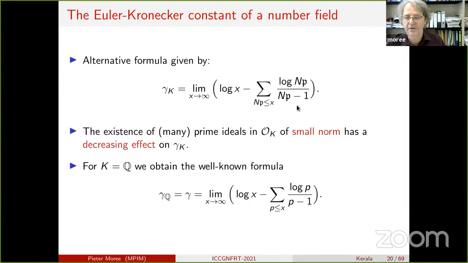If I have a prime ideal of very small norm, it has a big contribution to this sum, and so it tends to shift the constant towards the negative. So if I have many prime ideals, for example, of small norm, then there is a tendency of the constant to be negative. In that sense, the constant notices something about the arithmetic structure, namely the prime ideals of small norm.